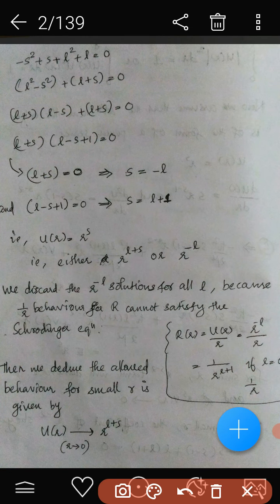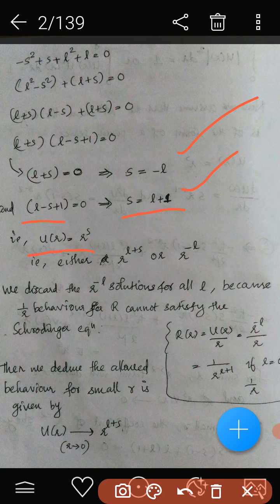That is, minus s square plus s plus L square plus L is equal to 0. That means L plus s into L minus s plus 1 is equal to 0. From this, either L plus s is equal to 0 or L minus s plus 1 is equal to 0. L plus s equal to 0 means s equal to minus L, and L minus s plus 1 equal to 0 means s equal to L plus 1.